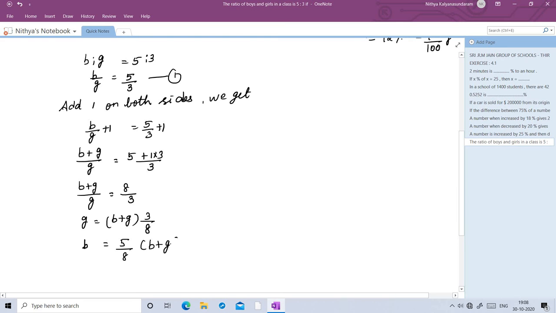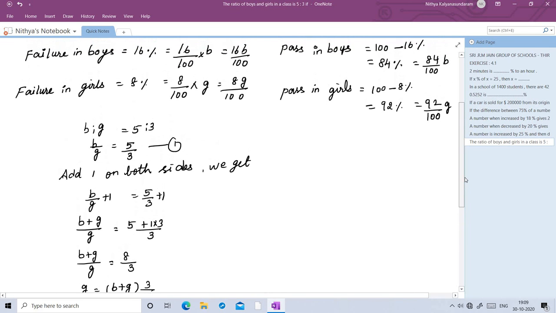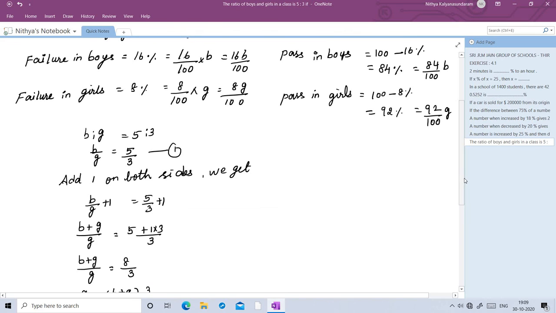B plus G. So first you find out what is the total pass. So the total passes. So pass in girls plus pass in boys, you can add. So already we calculated pass in boys is 92 by 100, then pass in girls is 84 by 100.